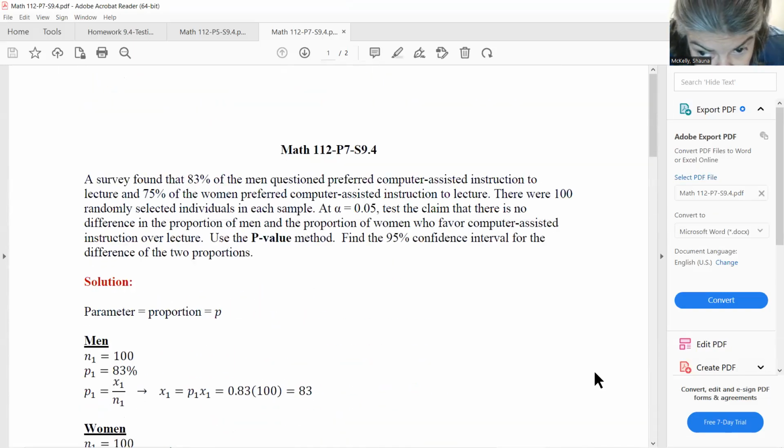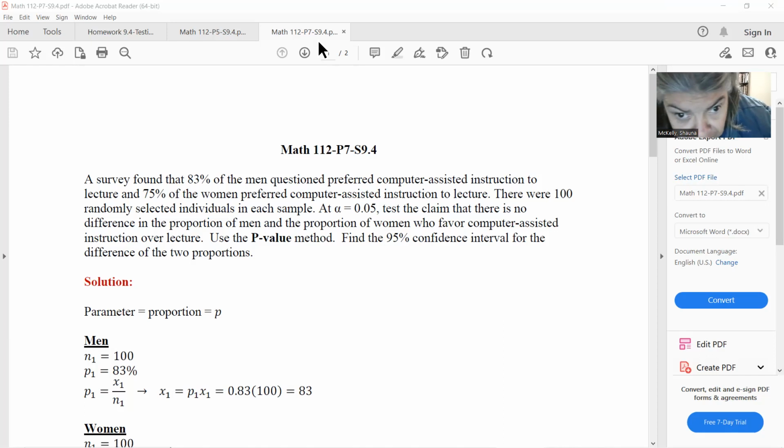notes here. We're looking for the 95% confidence interval for the difference of the two proportions. So what we're doing is we're going to say the difference of the two proportions. So this is a confidence interval.